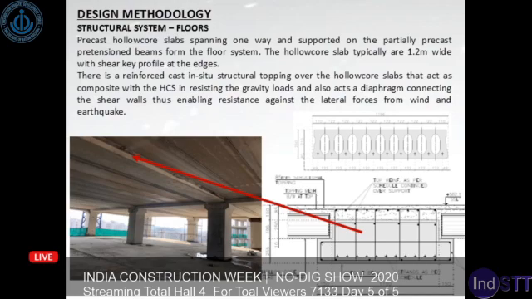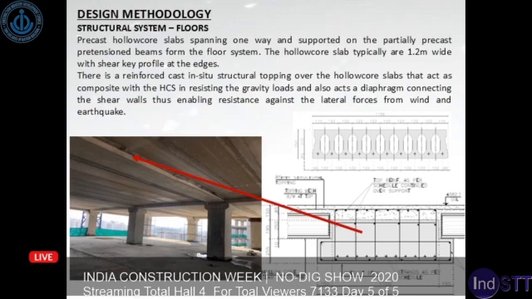The design methodology, if we start with the floors, as we can see here: the precast hollow core slabs spanning one way are supported on the partially precast pretension beams forming the floor system. The hollow core slabs are voided slabs and are typically 1.2 meters wide.